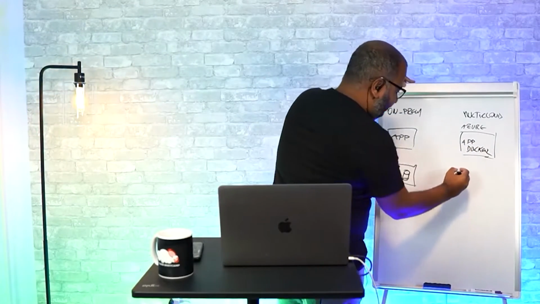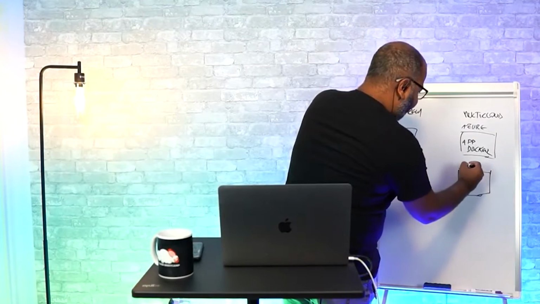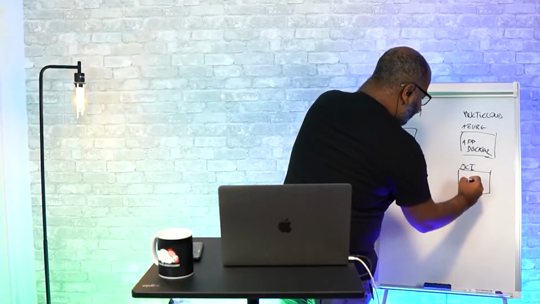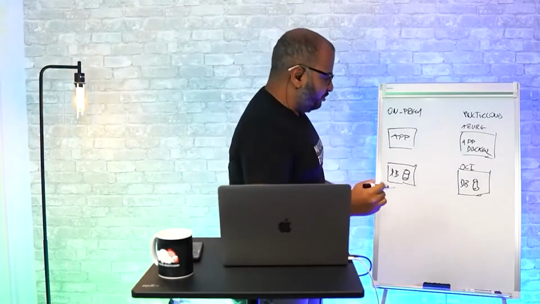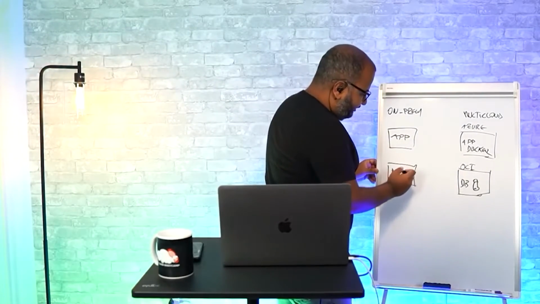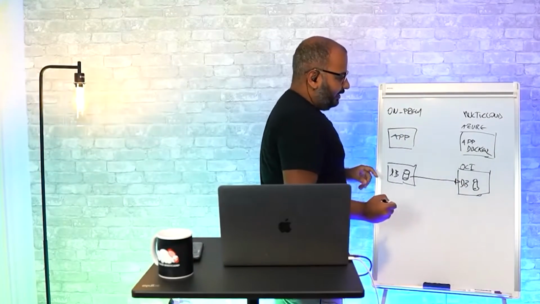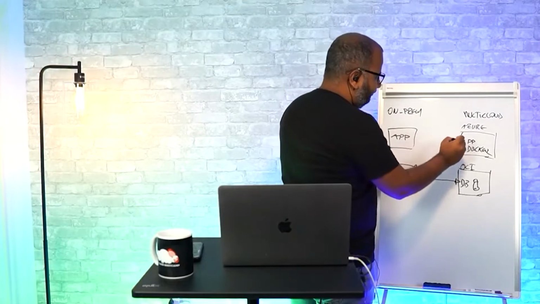And here on OCI, we are going to deploy, or actually import, the database, but it is empty. So what we're going to do now is take this dump and import it to this database.